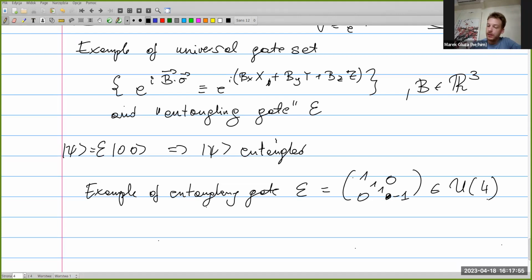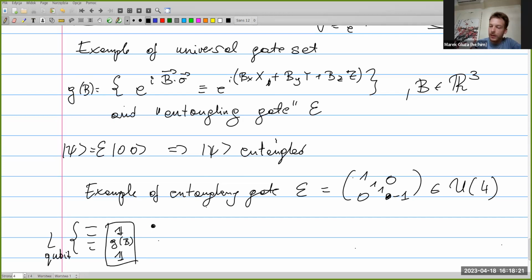What is important is that sometimes I'm switching. If I have L many qubits, then it's understood that if I apply my G of b gate on the nth qubit, I just apply it on the nth qubit, and I apply identity on the rest. And this is actually called CNOT.